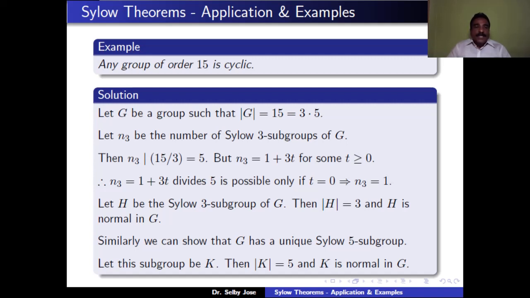Therefore, G has a unique Sylow 3 subgroup. Let the subgroup be H, then the order of H is equal to 3 and H is normal in G. Similarly, we can show that G has a unique Sylow 5 subgroup. Let the subgroup be K, then the order of K is equal to 5 and K is also normal in G.